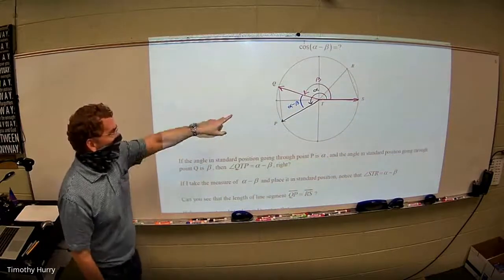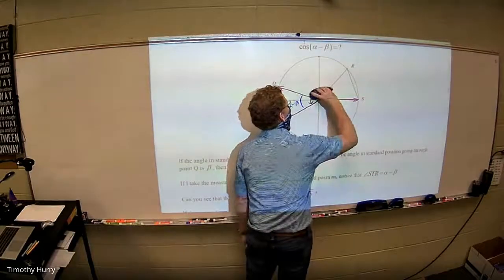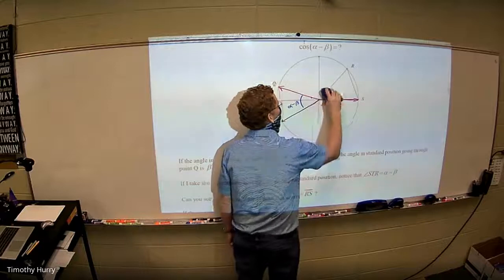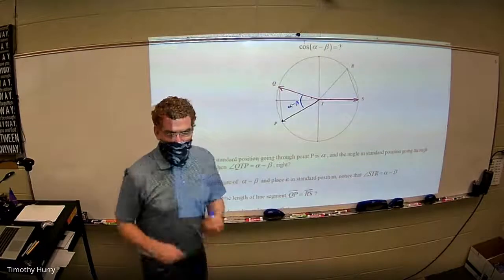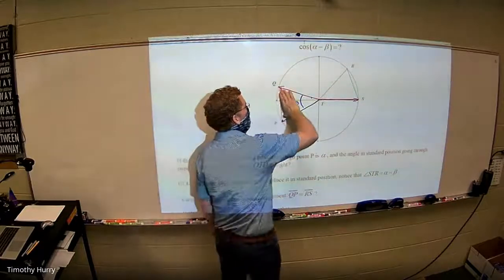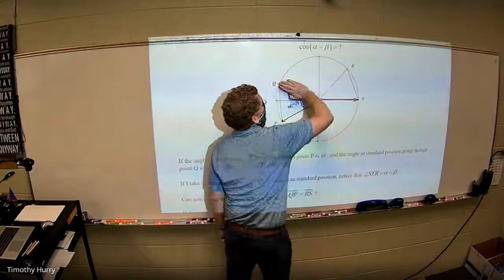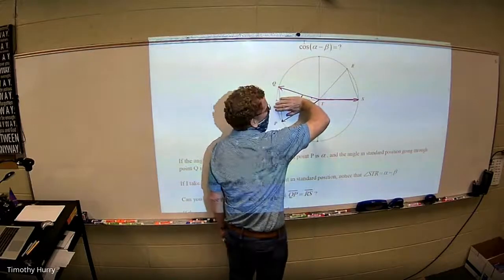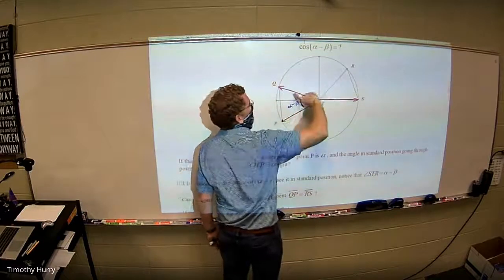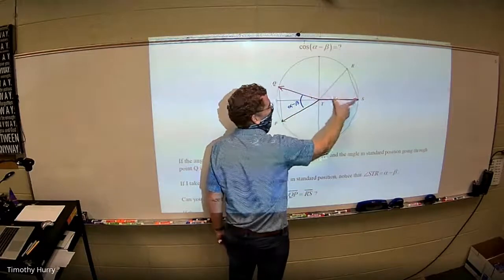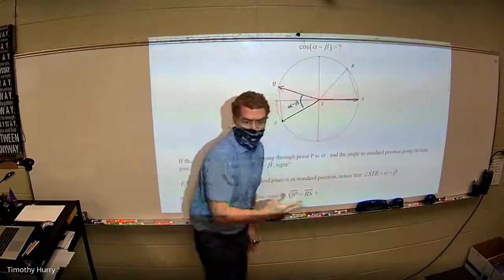Okay. If this is alpha minus beta, and I'm going to get rid of all this other junk once I've done that. You don't have to, obviously, because you're writing on it, but I'm just trying to make it clear. Is it true that if I rotated this, basically this little section right here, if I rotated it around so that the alpha minus beta doesn't change signs, and I brought it all the way around until that ray basically landed back here, couldn't that angle and that angle be the same if I was just really careful?